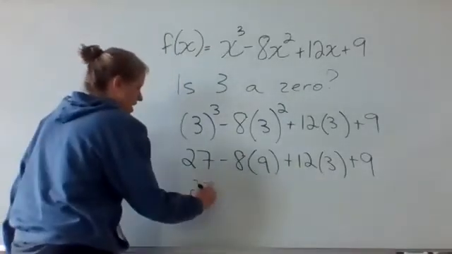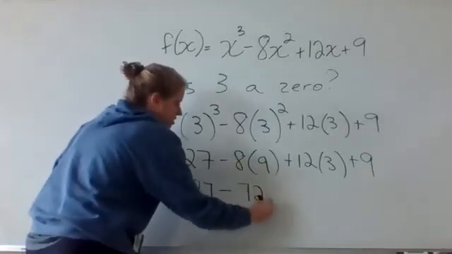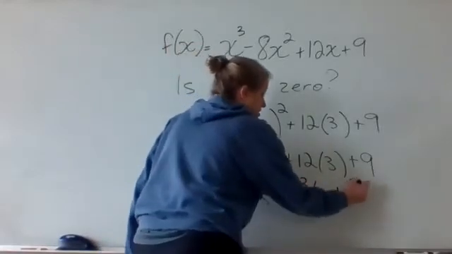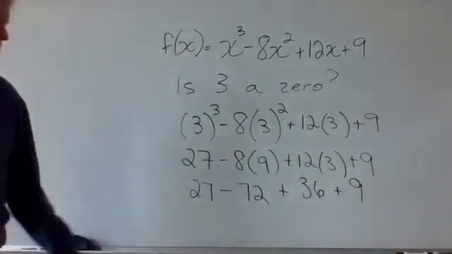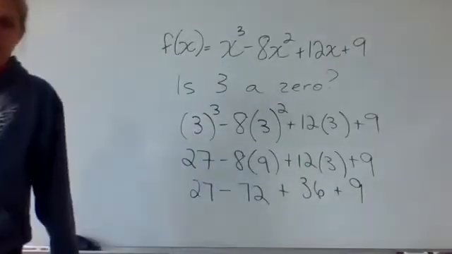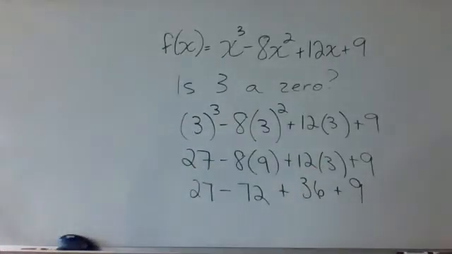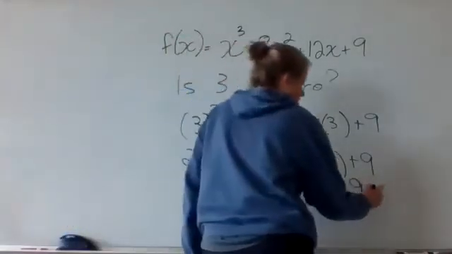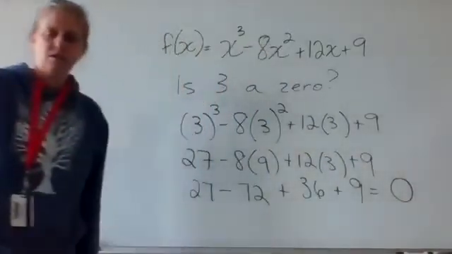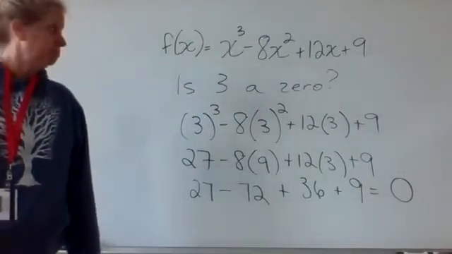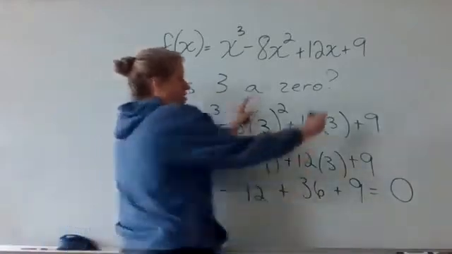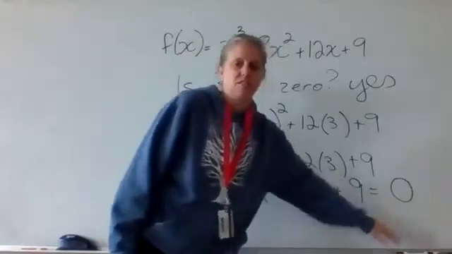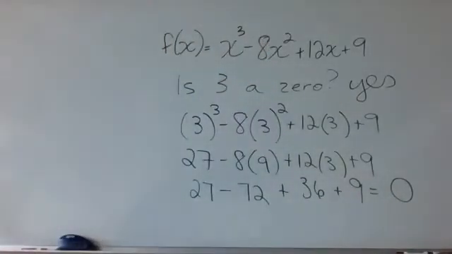So let's see, I've got 27 minus 72 plus 36 plus 9, and then I would probably just punch that in my calculator so I don't try to do that in my head. 27 minus 72 plus 36 plus 9 in your calculator does equal 0, which means is 3 a zero of the function? Yes. If it's not, it gives you something other than 0 there. Any other number would mean no.